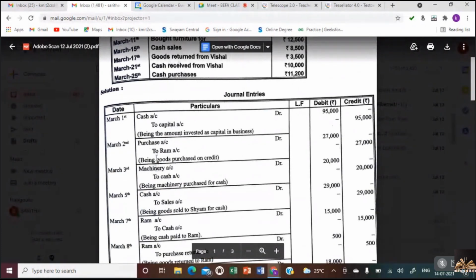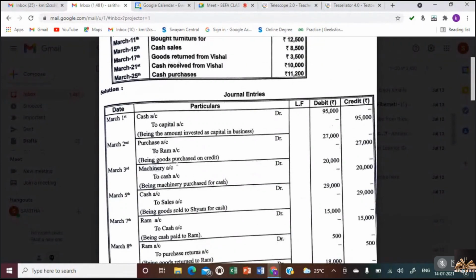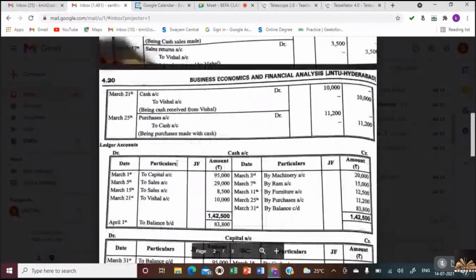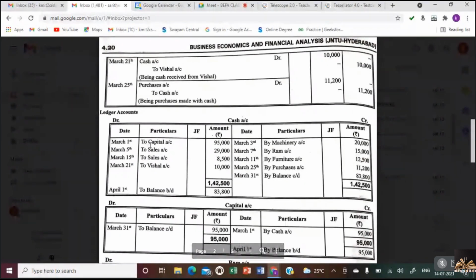So if we have credited in the journal entry, we will debit in the ledger. Debit balance and entry to capital 95,000. This is one way you can remember how to post in the ledger: for the other account, if we have credited, we have to debit. If we have debited, we have to credit. So that is one way that you can remember to post in the ledger.